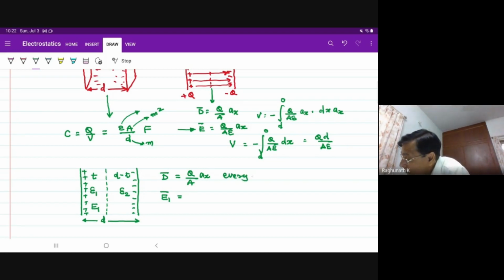Everywhere, because flux density is independent of the medium. Everywhere the same D bar will be there. But in medium 1, E1 bar is Q by A epsilon 1 a_x. And E2 bar is Q by A epsilon 2 a_x.